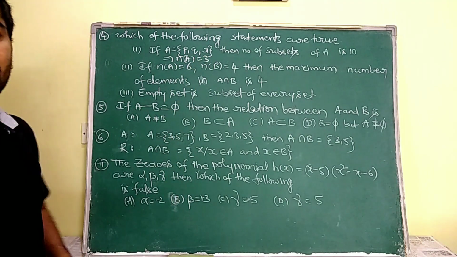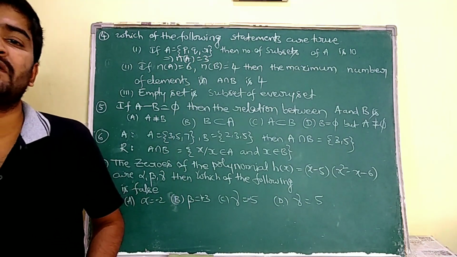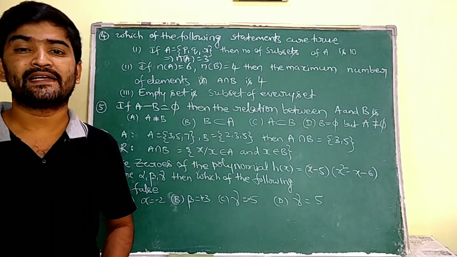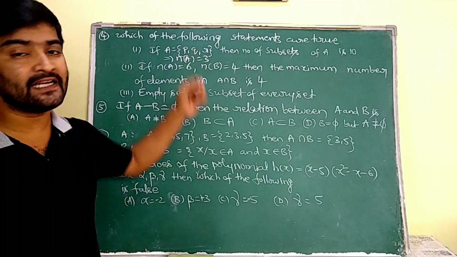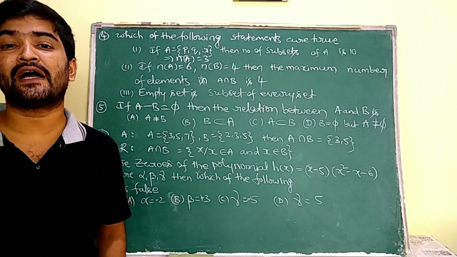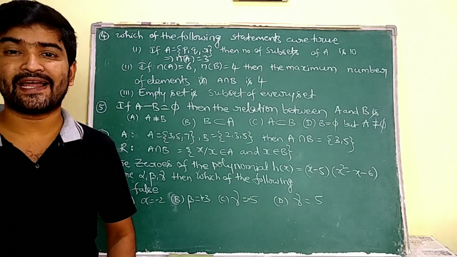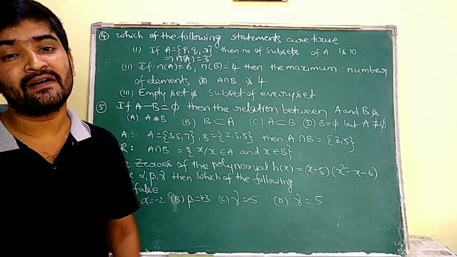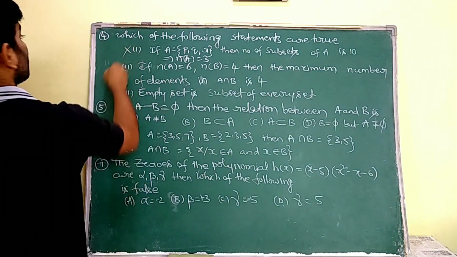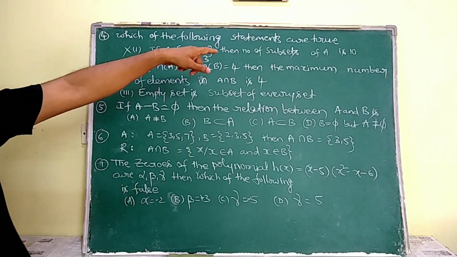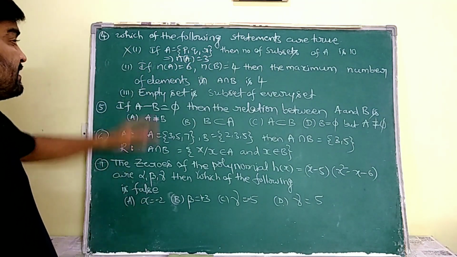We know that if the number of elements of a set is m, then it is going to have 2 power m subsets. As it has 3 elements, it is going to have 2 cube, that is 8 subsets. But he gave 10. So this one is false. He is asking us to check which is true. So the first one is false.